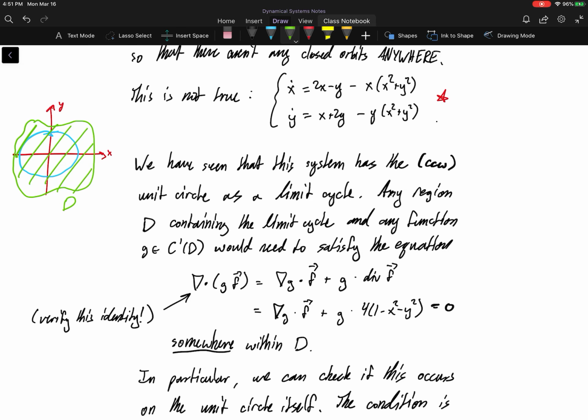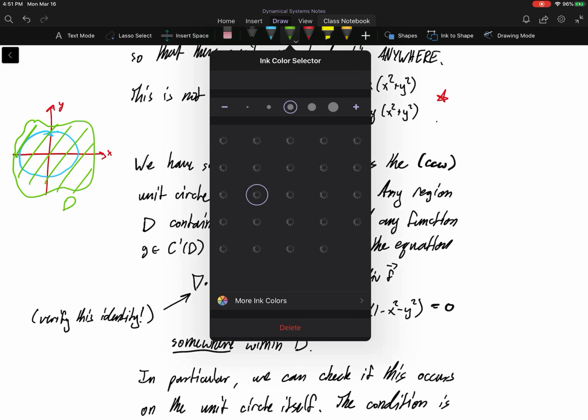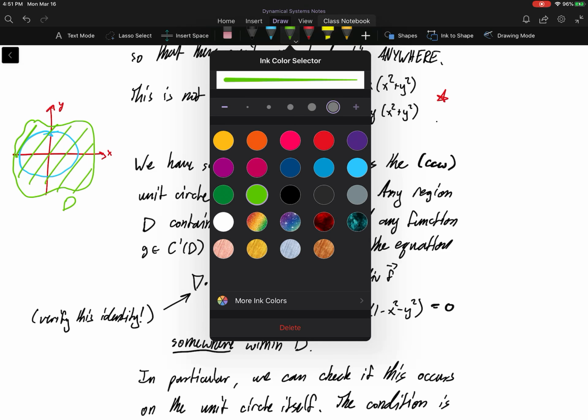region D. And in particular, if I were to restrict this so this only occurs near the limit cycle, so if I restrict this guy down, let's make him nice and bold.